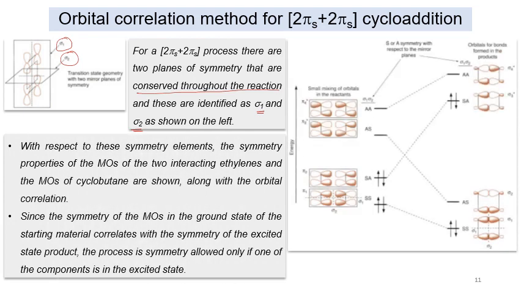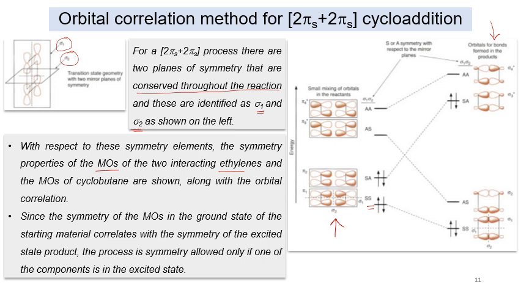So with respect to these symmetry elements, the symmetry properties of the molecular orbitals of the two interacting ethylenes as well as cyclobutane are shown in this particular diagram. We can see here, according to the energies, we have arranged these sets of orbitals.